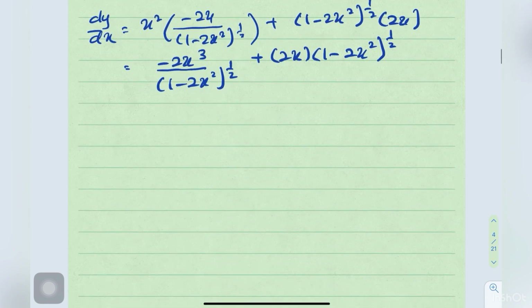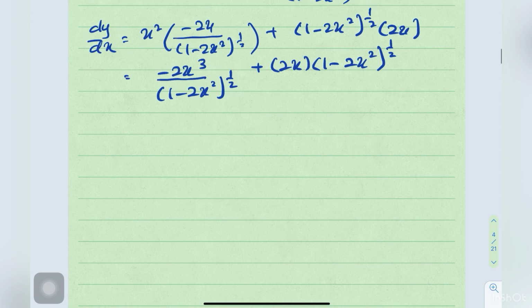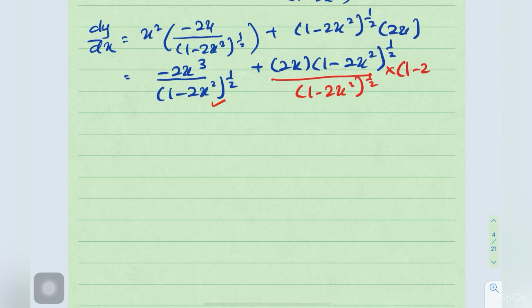Okay, so this one is a fraction, so we must equate the denominator. Divide by the same denominator, so multiply the second term by (1 minus 2x squared) to the power of 1/2 over itself. Okay, so these two, we can add the power.